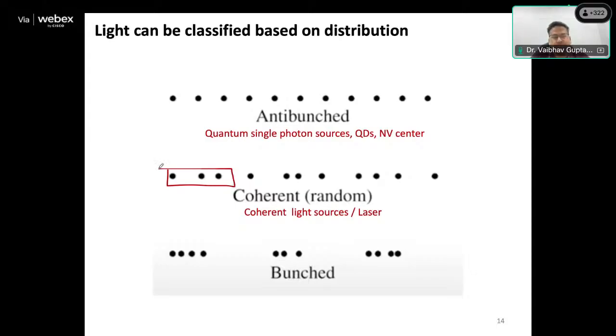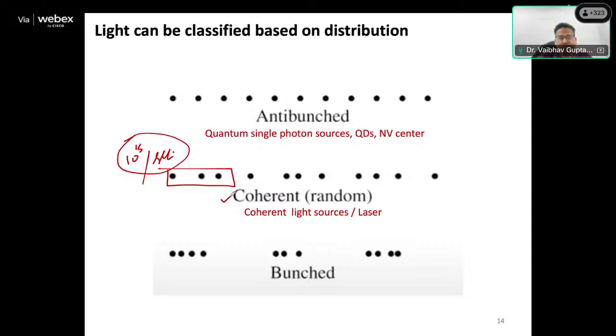What do I mean by that? In the beginning, I told you, let's take a 1 milliwatt laser at 620 nanometer, and 10 to the power 15 photons are there per second. So in this case also, if you look at the average number of photons within a second or within 5 minutes, the average number of photons will be fixed. That will be 10 to the power 15 in coherent light sources. This is not going to change.